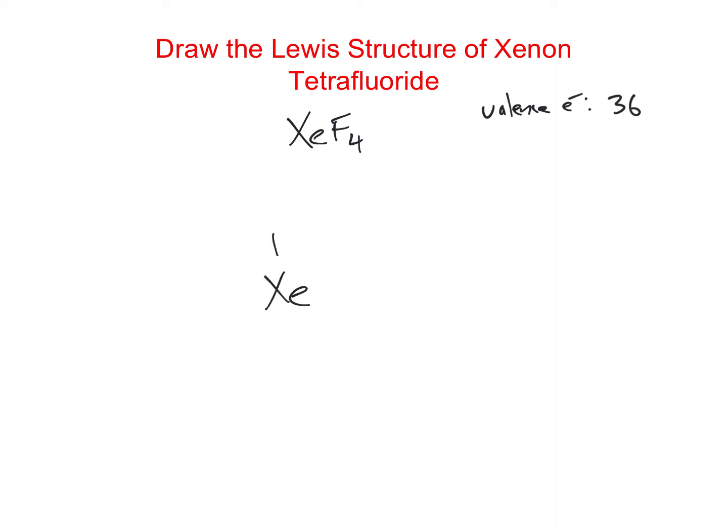So I have Xe, F, F, F, F. I've given out 2, 4, 6, 8 with a single bond, so here's 10, 12, 14, 16, 18, 20, 22, 24, 26, 28, 30, 32. So I've given out 32.